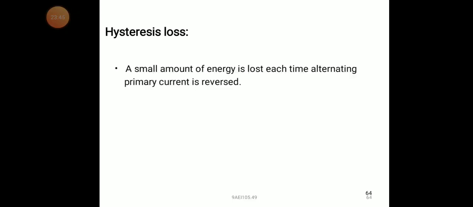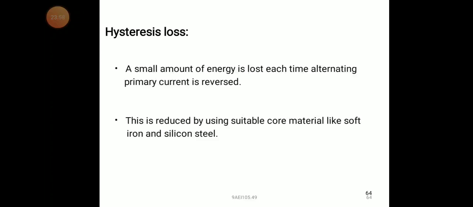The next one is the hysteresis loss. A small amount of energy is lost each time the alternating primary current is reversed. This is reduced by using suitable core materials like soft iron and silicon steel.